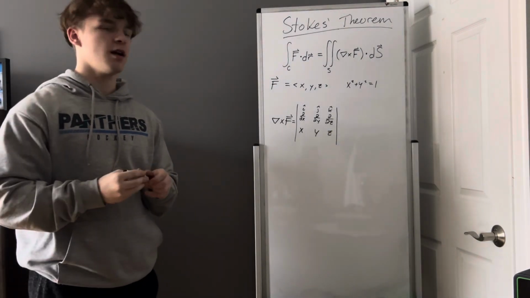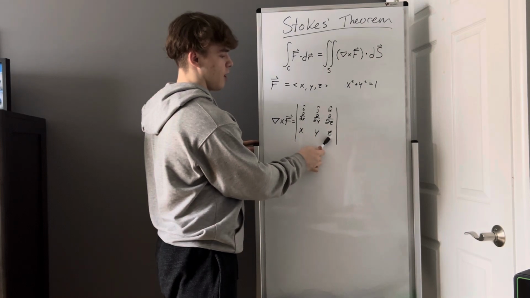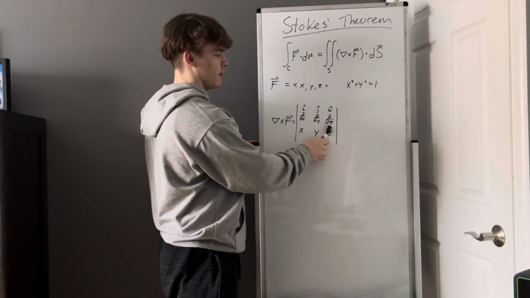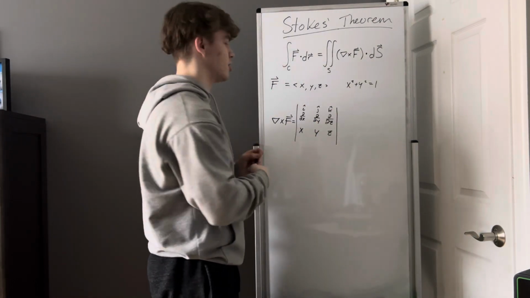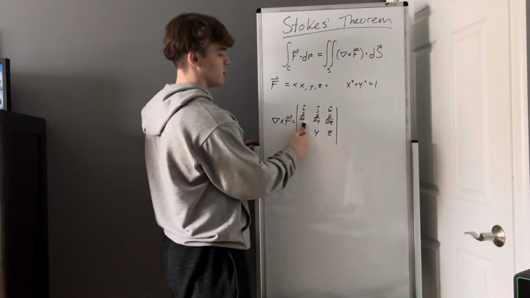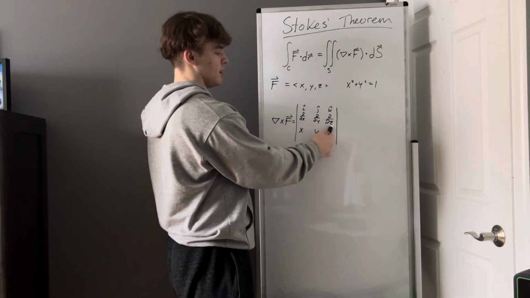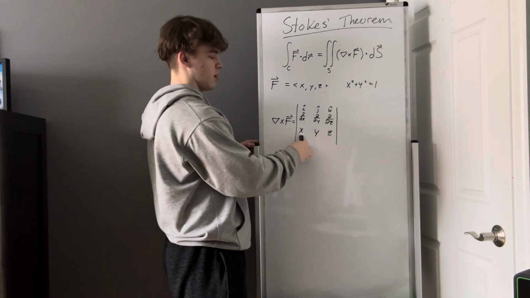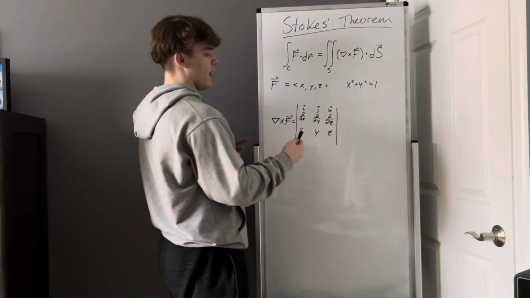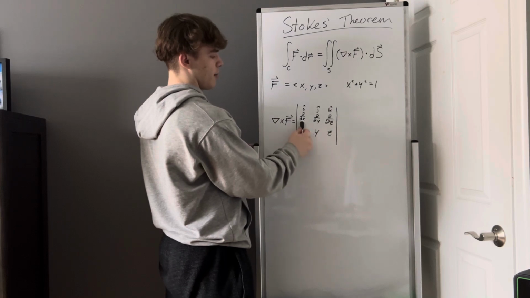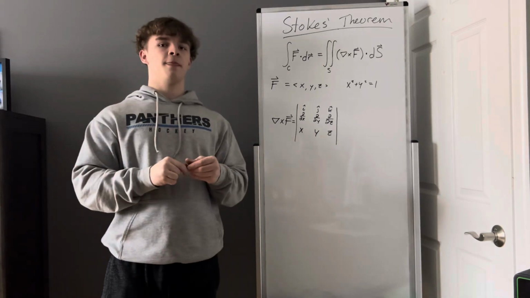Now, if you see here, when we take this determinant, we will have the partial derivative with respect to y of z, minus the partial derivative with respect to z of y in our i hat direction. In our j hat direction, we will have the partial derivative of x with respect to z minus the partial derivative of z with respect to x. And we will have the partial derivative of y with respect to x minus the partial derivative of x with respect to y.